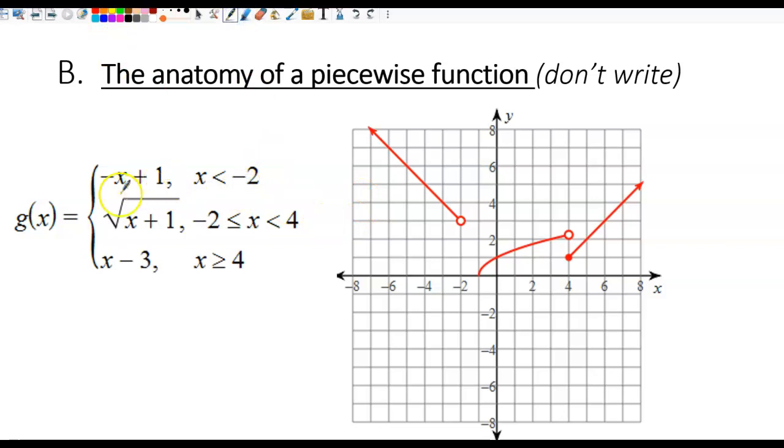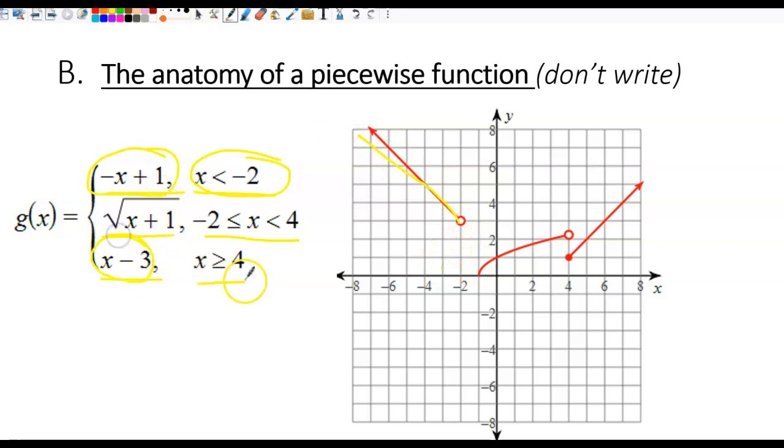So basically what these are, these are the equations of each of the lines that are on the graph. And this is what we call the intervals. And it tells us on what interval each line exists. So this line exists on the interval of x less than -2. So that's this one. Anything to the left of x equals -2.